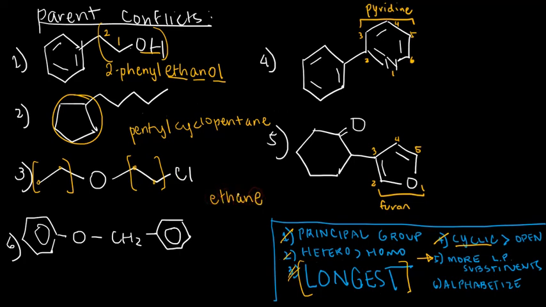And what are its substituents? Chloro at this carbon, and if you know your naming, this is ethoxy at this carbon. Of course, we know that alphabetization is going to be the consideration for locant assignment here, 1 for C and 2 for E. So we write that as 1-chloro-2-ethoxyethane.